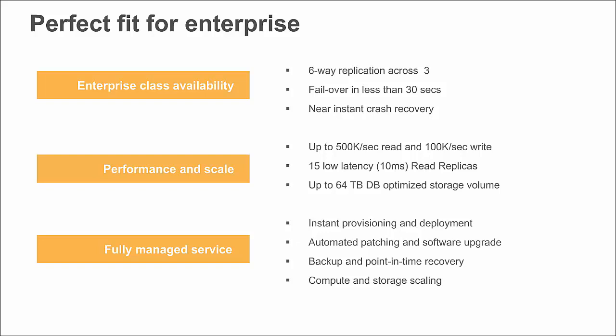So basically this summarizes everything that I was telling you so far on why Aurora is an excellent fit for enterprise applications. It's the reliability with the 6-way replication, continuous backup, the performance, and above all, the freedom from constraints of licensing.